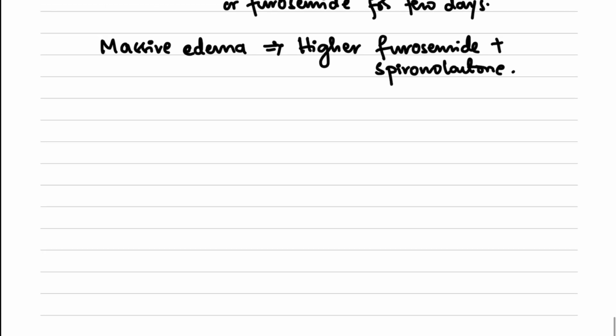And what is the indication of albumin infusion in patients suffering with nephrotic syndrome? So first we'll try these things, and when the serum albumin levels are too low, causing poor renal perfusion, then we'll go for albumin infusion.